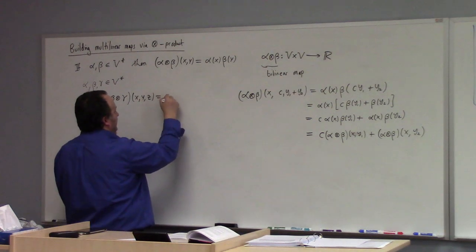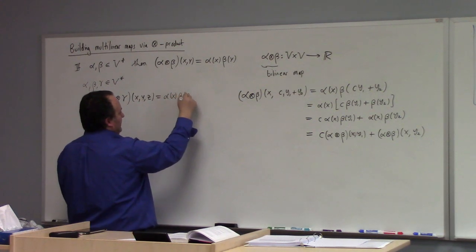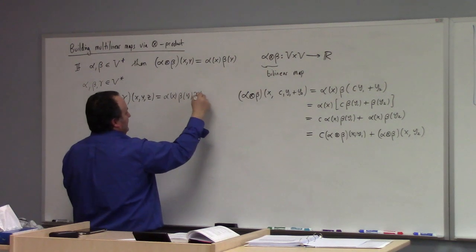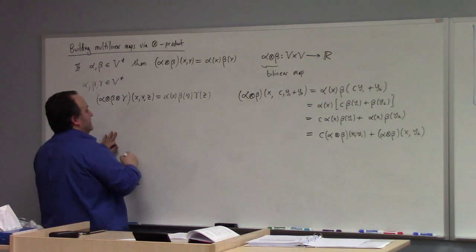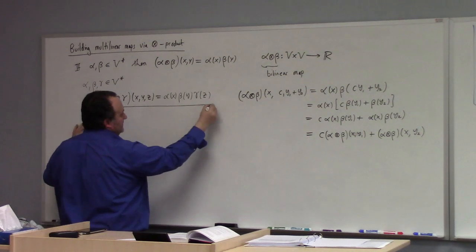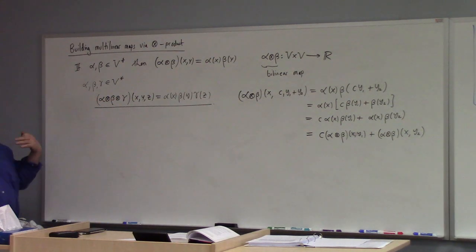I get alpha of x, beta of y, gamma of z. Correct. This defines alpha tensor beta tensor gamma as a trilinear map on V. You can easily check that it's linear in the x, the y, and the z.